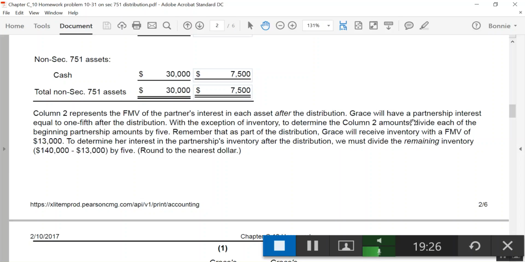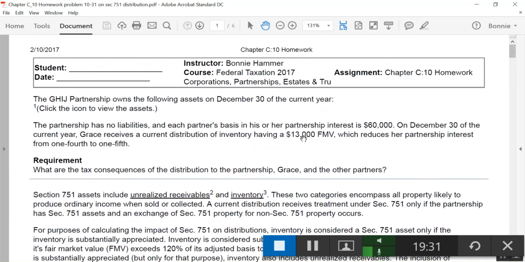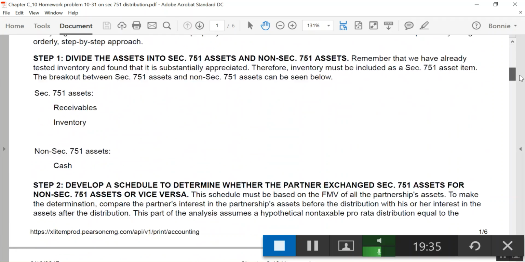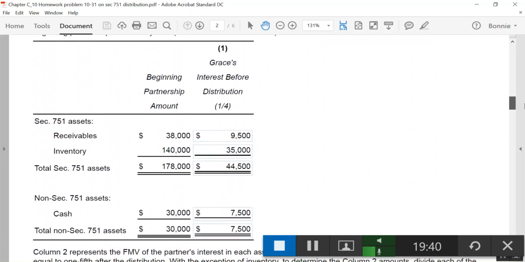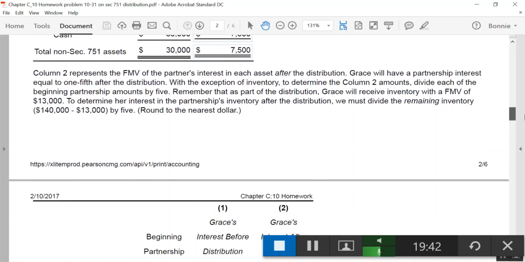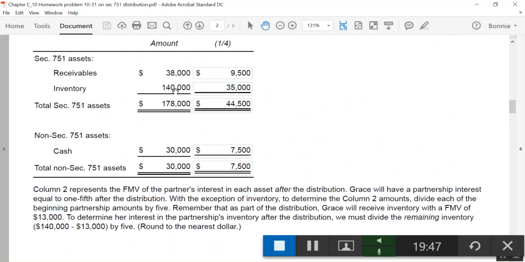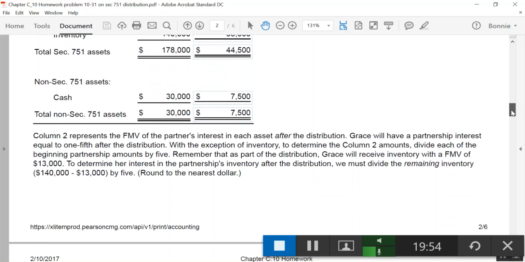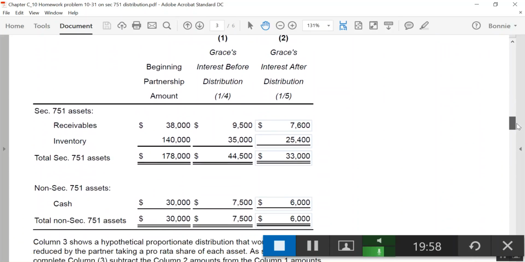However, with regard to the inventory, she actually received a distribution of $13,000 fair market value worth of the inventory. So when we're doing column 2, we need to reduce the $140,000 by her $13,000 distribution before we multiply that times her 20% after-distribution interest. So that's what I did here.